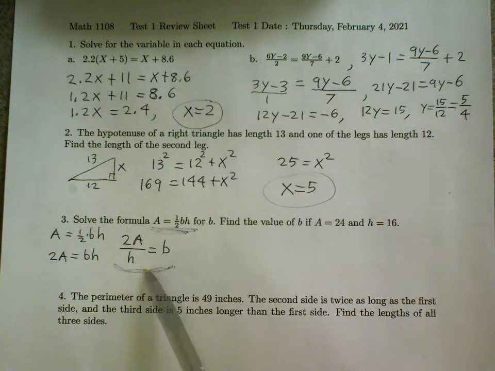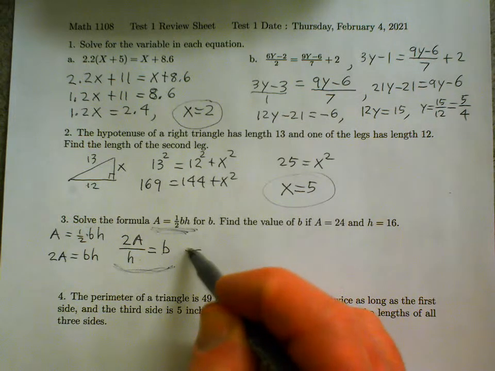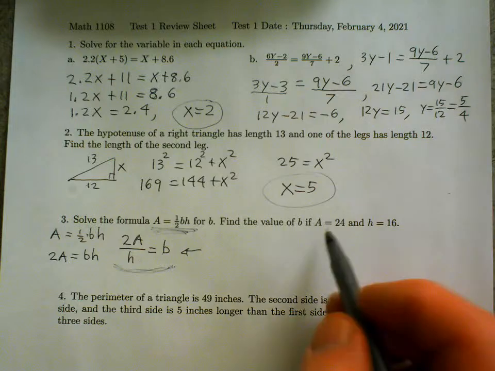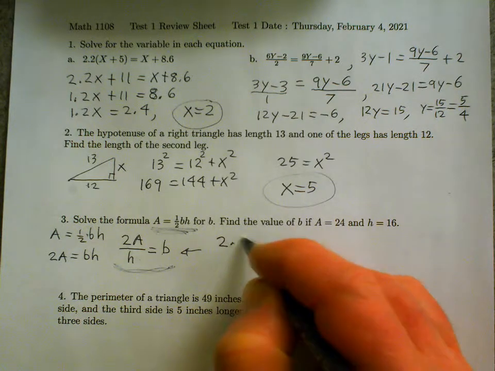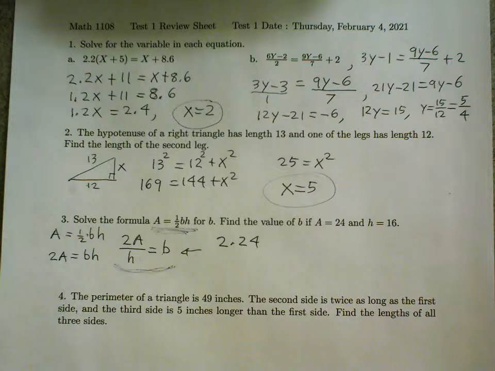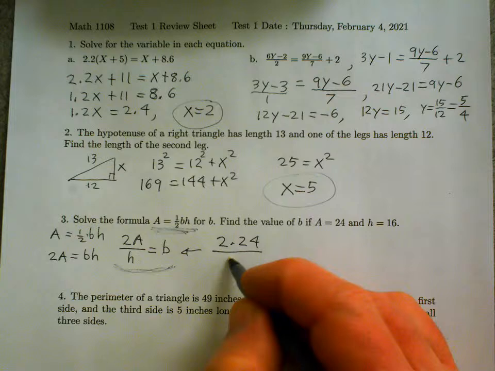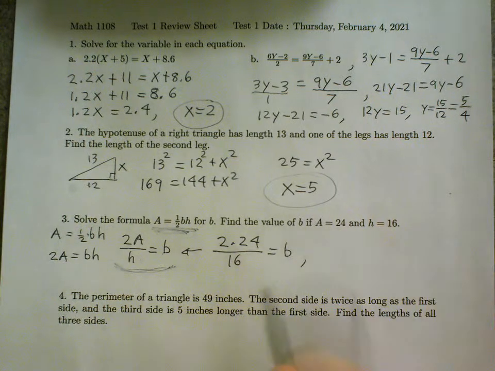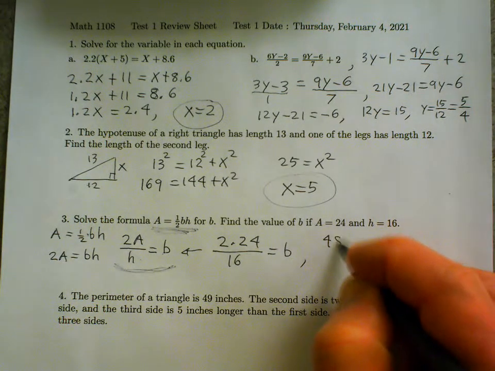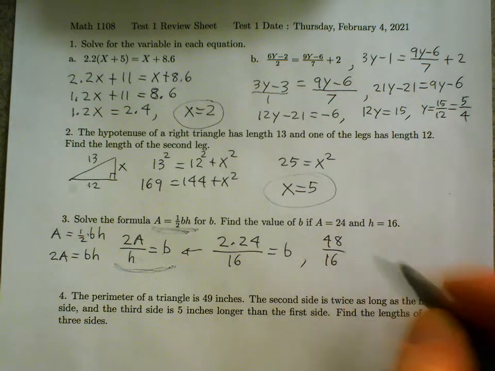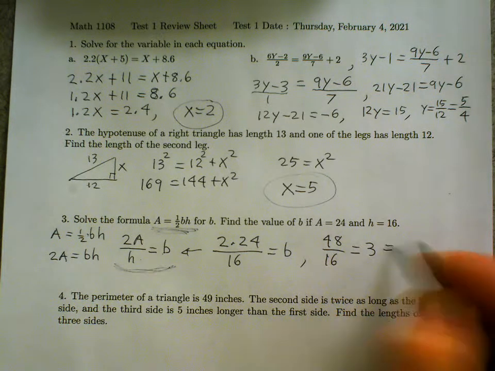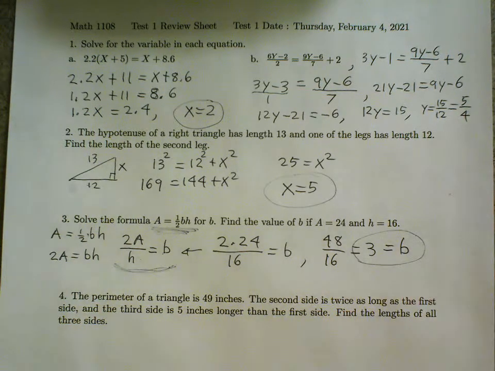If you're not very confident in your solution to the first part, you can always use the original formula. But I'll go ahead and use 2A over h equals b. Replace A with 24. So in the numerator, we have 2 times 24, and we're dividing that by h, which is 16. 2 times 24 is 48, and 48 divided by 16 is 3. So the value of b is 3.